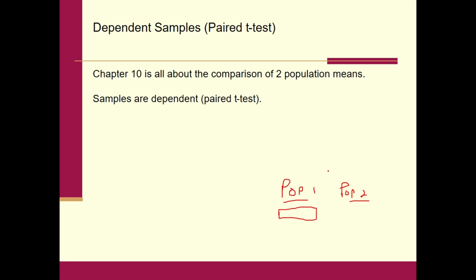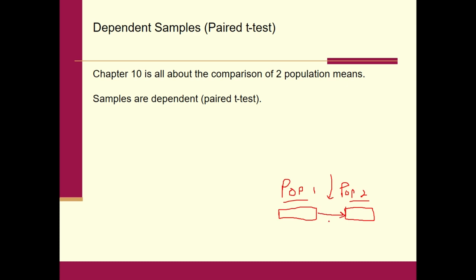Now, like the example that I'm going to give in a little bit, the people took this new pill to see if it was effective in lowering cholesterol. So you have the cholesterol before, and then they took the pill, and then you have their cholesterol after. And so it's exactly the same people.